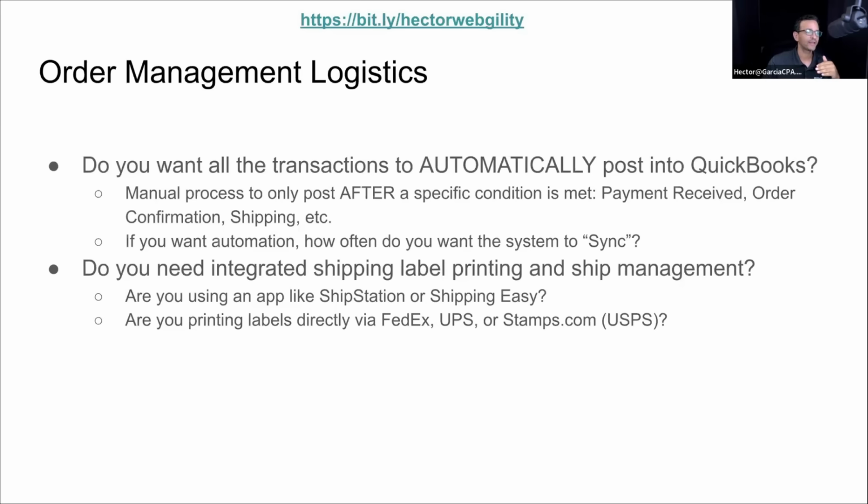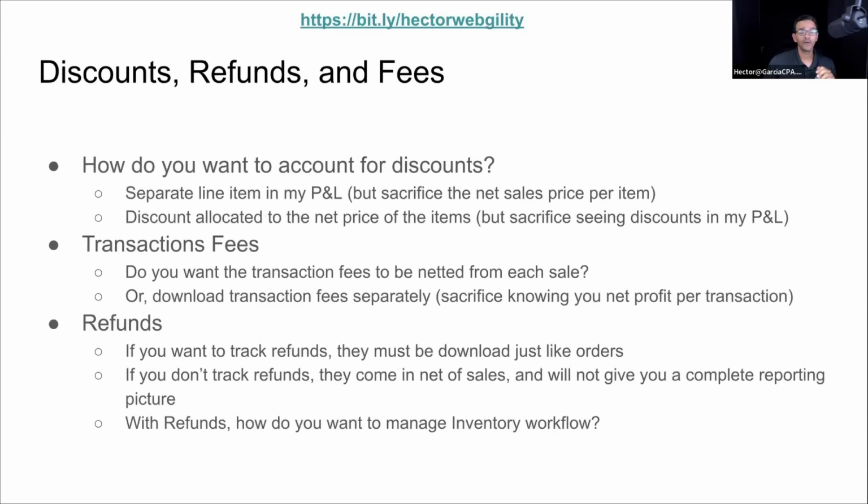So you want to think about that, because if you are going to use an app, you want to start looking at apps that talk to not just the e-commerce platform, but possibly that talk to the accounting platform or the middleware, such as Webgility. So if you are waiting for that label to be printed before posting, you want to make sure that integration is there. These are the sort of the trivial ones, but they do matter, and they do affect accounting quite a bit, especially reconciling clearing accounts.